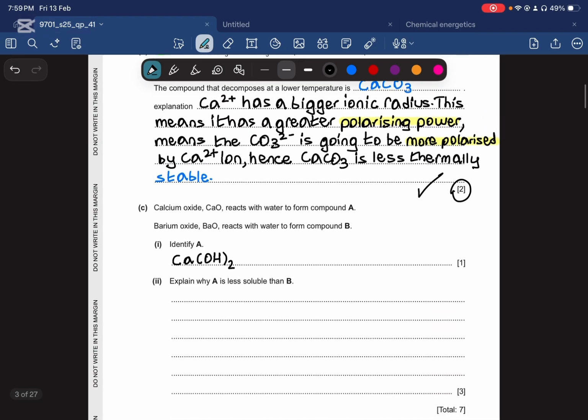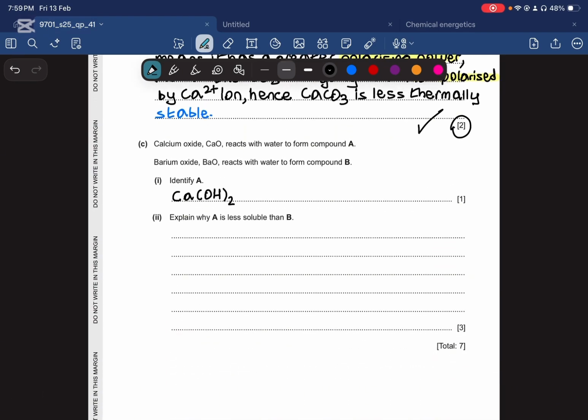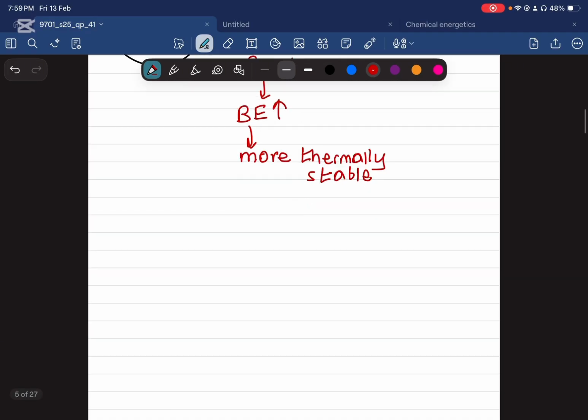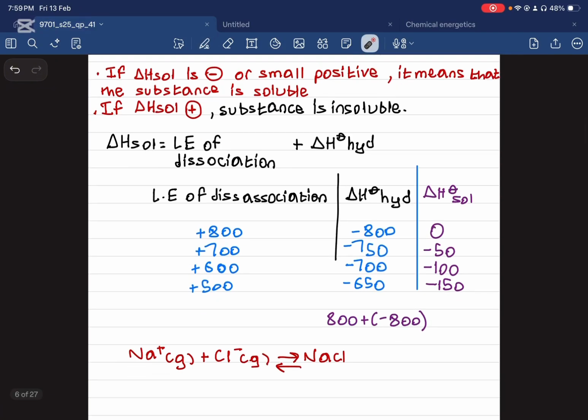So let me write down the answer here. Why is A less soluble than B? First answer, A is less soluble, meaning calcium hydroxide is less soluble than barium hydroxide. Why? So talk about the enthalpy change of solution values.